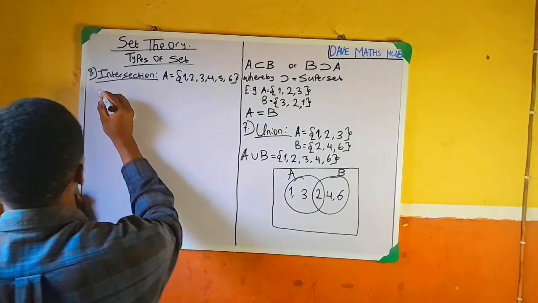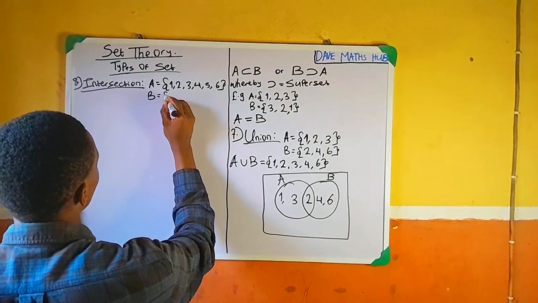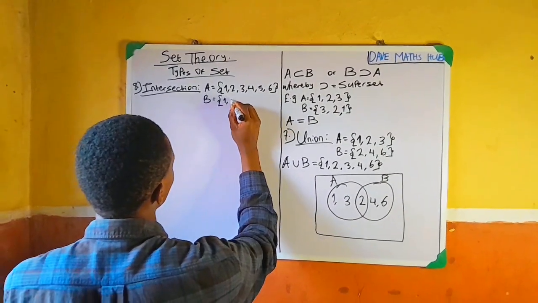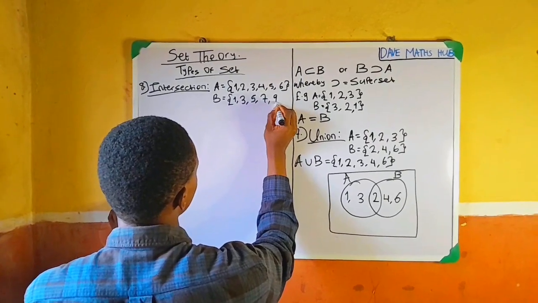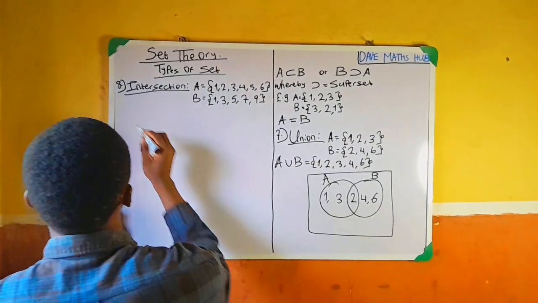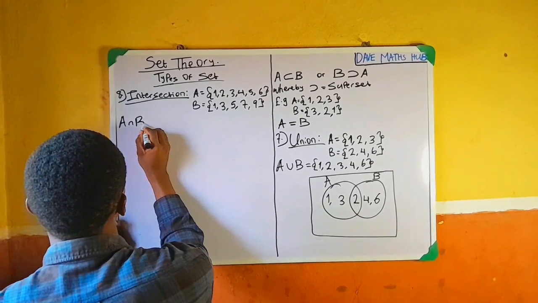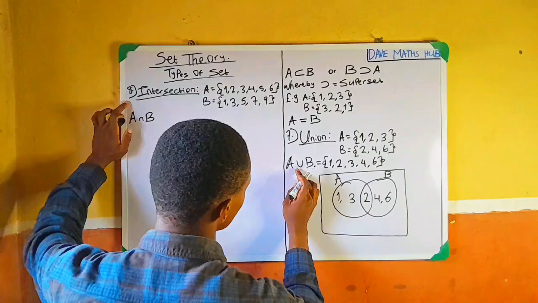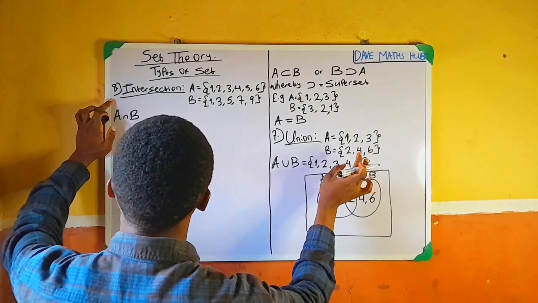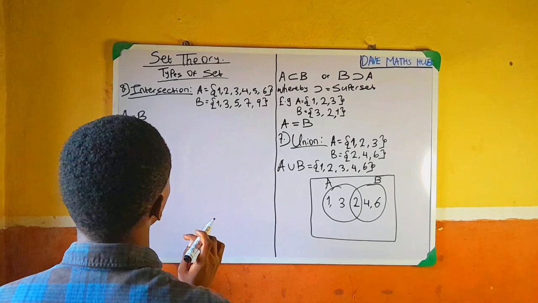Then B, we have odd numbers like 1, 3, 5, 7, 9. So we can say it is denoted by A small n B. Now the difference between this and this one is that a small u joins all together, while this one, a small n, picks the common elements.